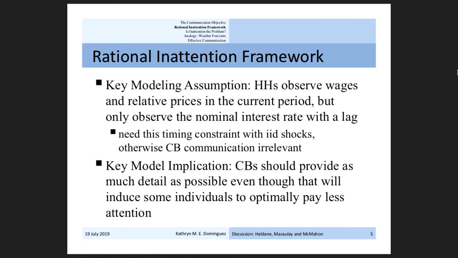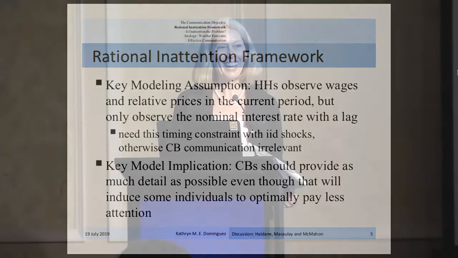They see that with a lag. Now, I think most of us are used to macro models that go in the reverse order, that we can see asset prices like interest rates right away, and it might take us a while to see price movements. Now, they need this reversal of assumption because of the way their shocks are set up.